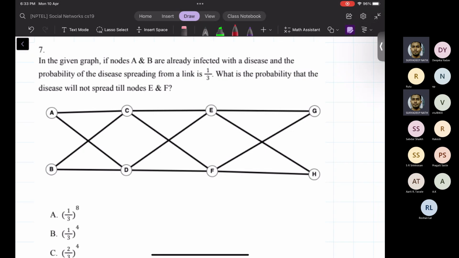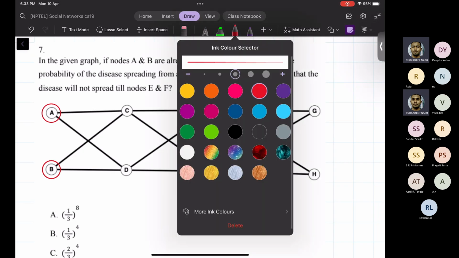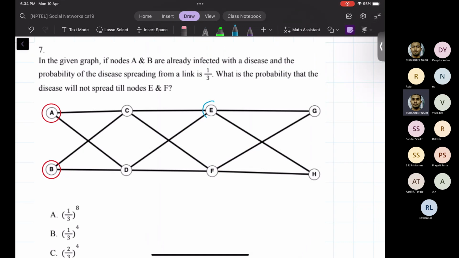So what they're saying is that A and B are already infected. What they are asking is the probability that E and F are not infected. So what is the probability that E is not infected, and what is the probability F is not infected?